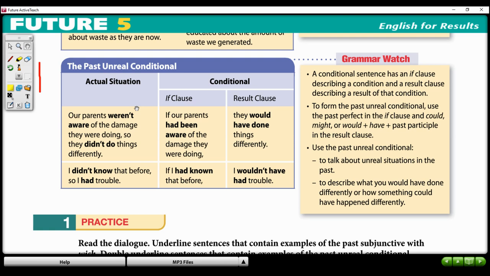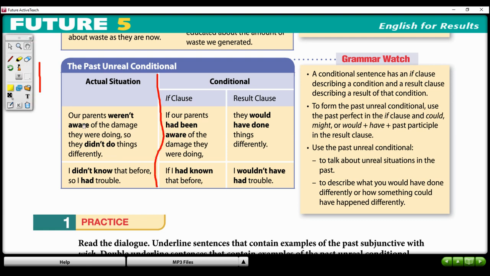And if you remember, conditionals are also known as if clauses or if statements. And then you have a result, or in this case, we have the if clause and the result, and then the actual situation is what we're talking about. And so let me start here and let's talk about the actual situation.